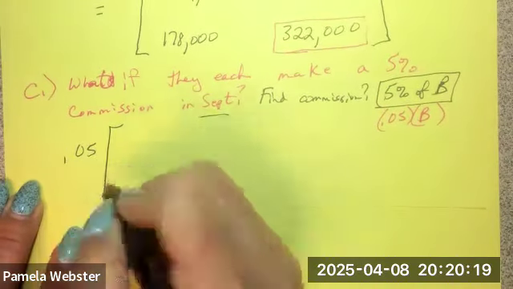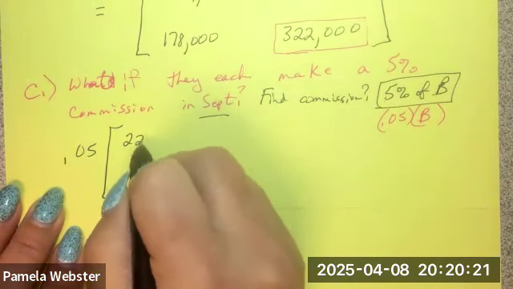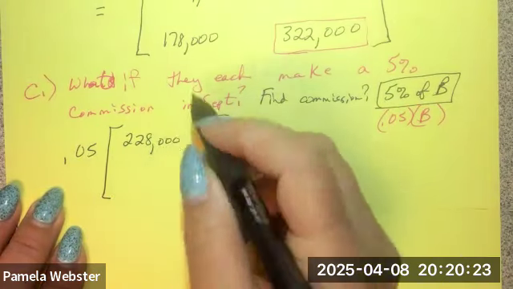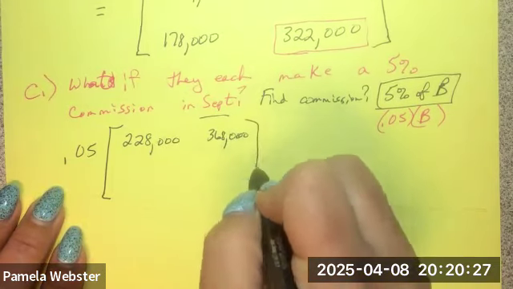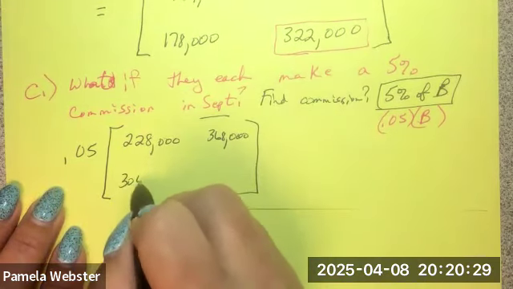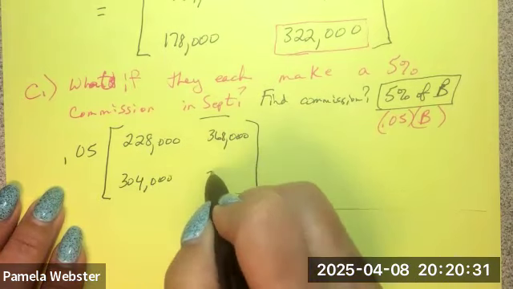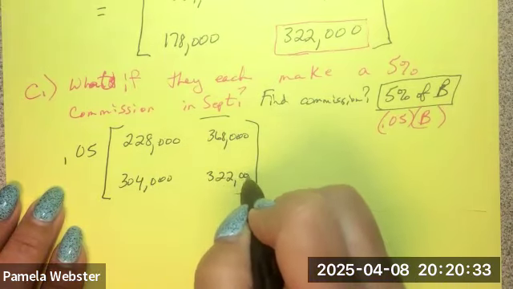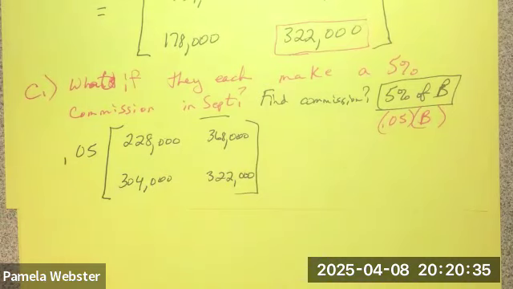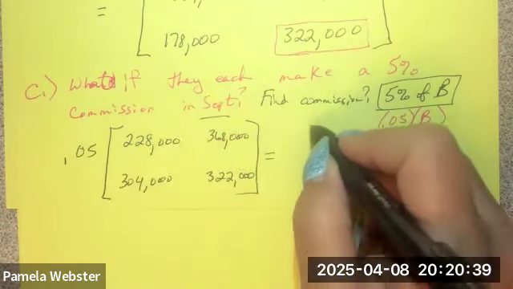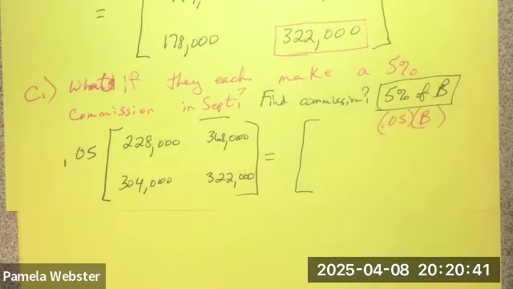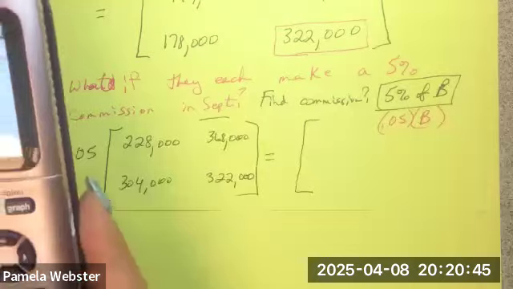I'm going to pick the September matrix, which was 228,000 and 368,000. And then down here is 304,000 and 322,000, right? That was the September matrix, just writing it down again. But to find out what their commission is on each of them, I'm going to have to multiply by 0.05, right?